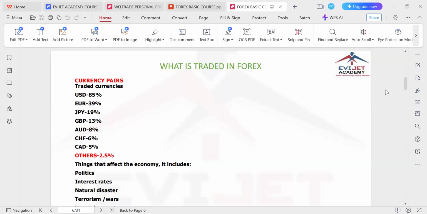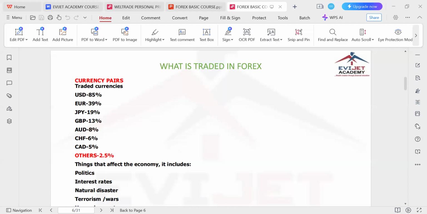So these fundamentals, there are things that actually affect them, which we can also call things that affect the economy. So the politics, interest rates, natural disasters. Natural disasters are like the tsunami, hurricane this, hurricane that, and all of that. It affects the economy, and when that happens, it in turn reflects in the currency.